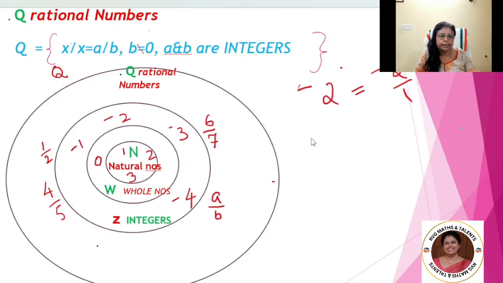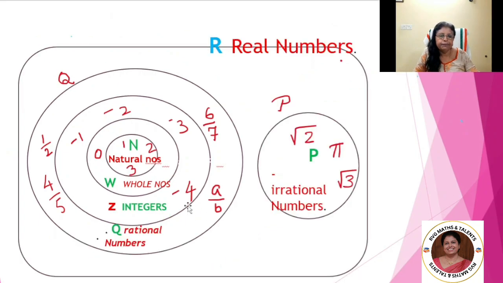For example, negative 2 is an integer. Negative 2 can be written as negative 2 by 1, that is in the form A by B. So it's a rational number. That means all integers and whole numbers are also rational numbers. Then again we are expanding this number system.